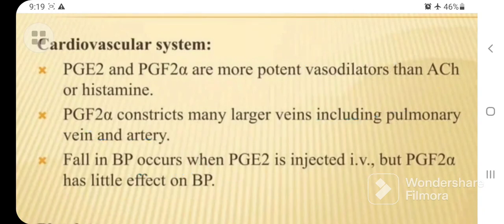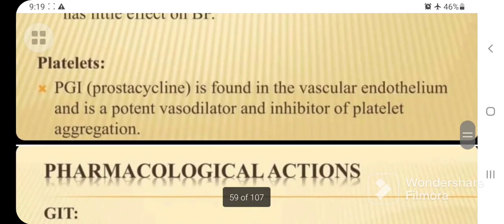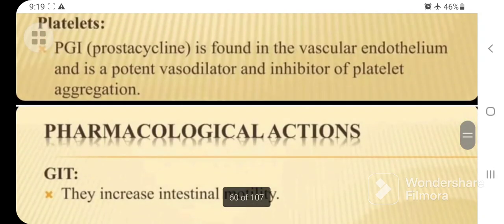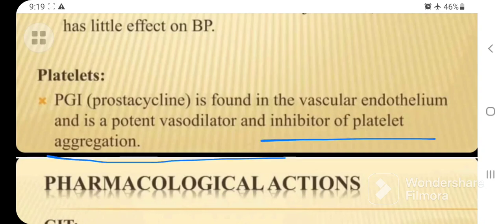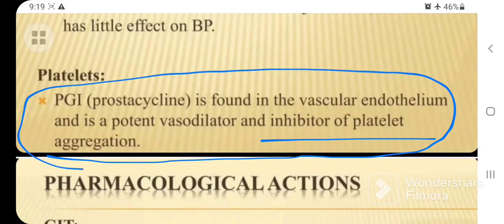This is the mechanism of action. Now, platelets: what is the pharmacological action on platelets? Prostaglandin is found in the vascular endothelium and is a potent vasodilator and inhibitor of platelet aggregation. See here, it will prevent aggregation.